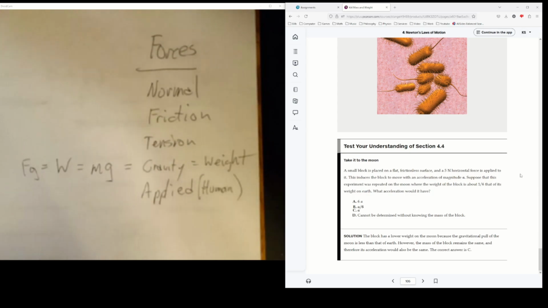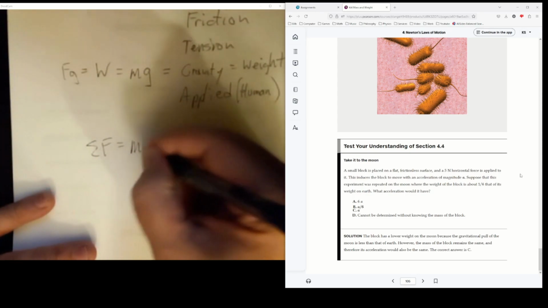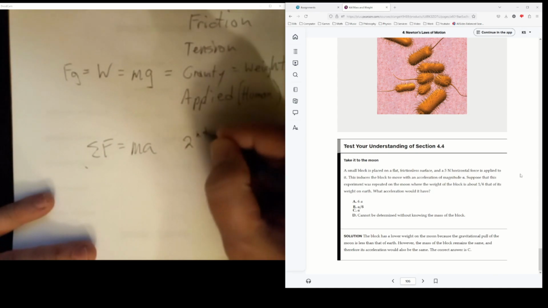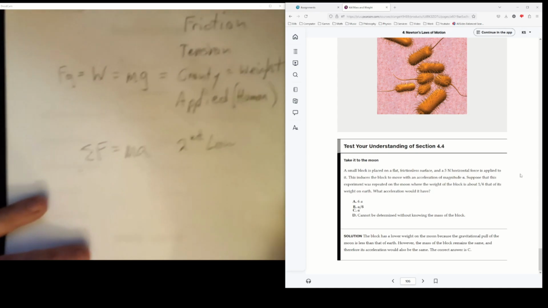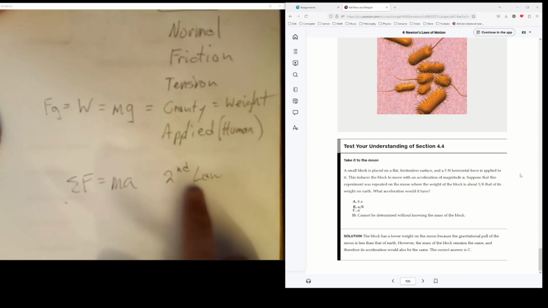So in summation, the important things to remember here are that we're going to be summing forces, and the sum of forces is mass times acceleration. This is Newton's second law. This is how we're going to generate all our math from Newton's second law.